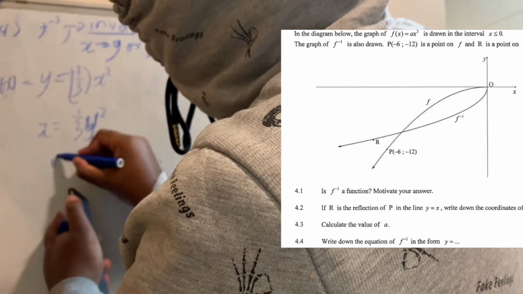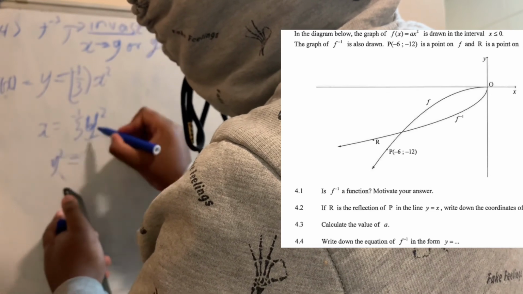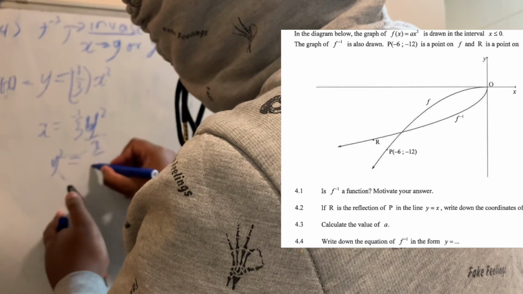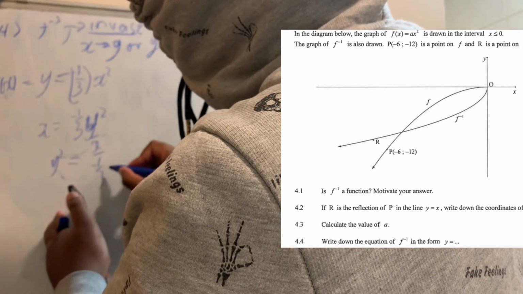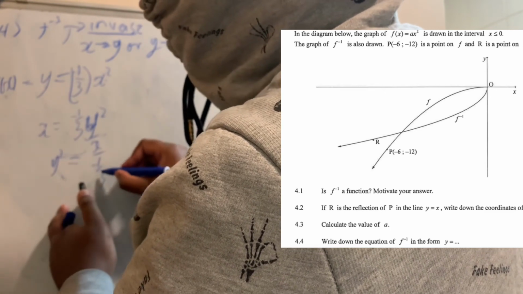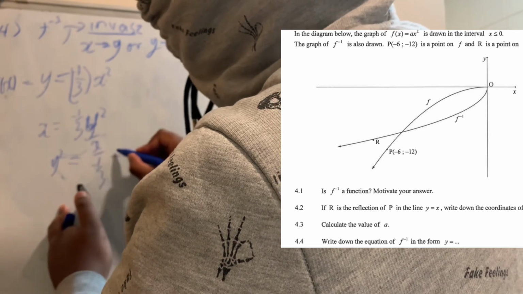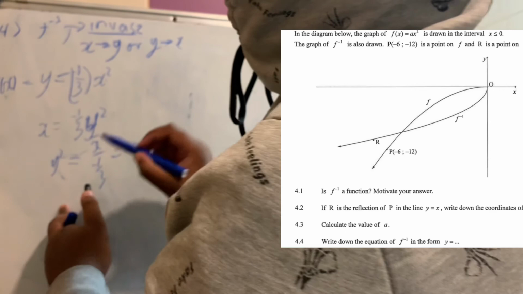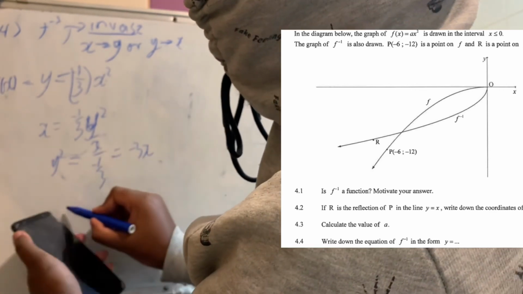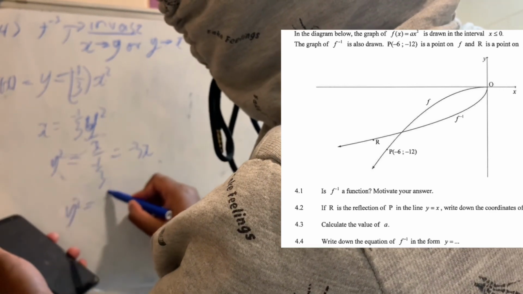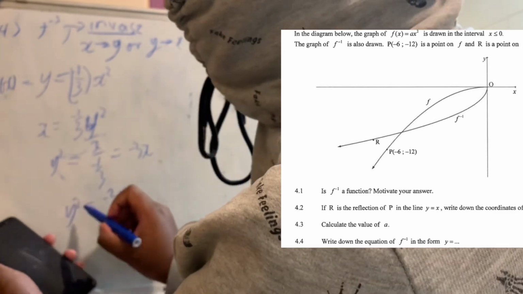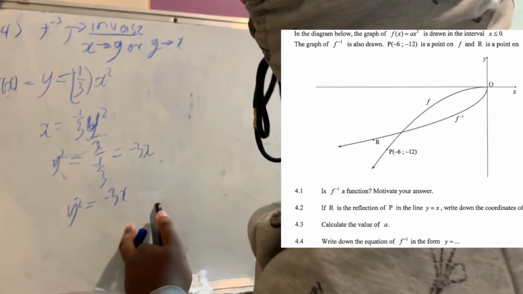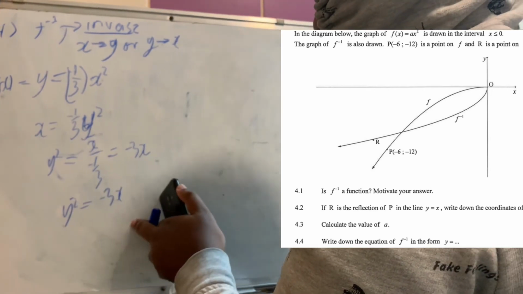So y squared is equal to x divided by minus 1 over 3, which looks like minus 3x. Now y squared here is minus 3x, but I want y, not y squared.